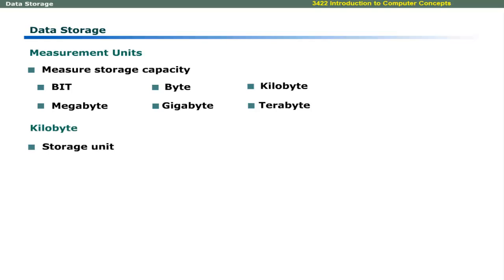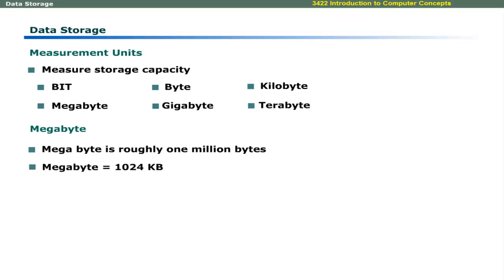In general, kilo means 1000, but in computers it is equivalent to 1024 bytes. Megabyte means roughly 1 million bytes. Exactly, it is equivalent to 1024 kilobytes.